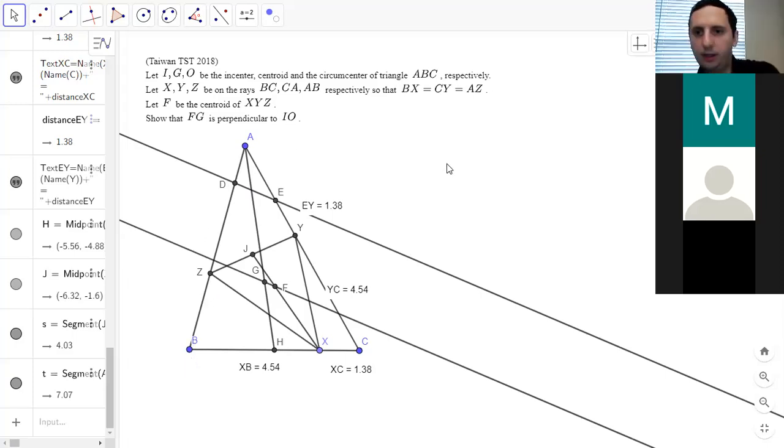Okay, so D is A over C times A plus C minus A over C times B. And then we could do something similar with point E, right? Okay, so D and E we can get, and then X, Y, and Z. No, but X, Y, and Z, we don't need lengths, right? So H is B plus C over 2, and then G is 2/3 H plus 1/3 A, right?